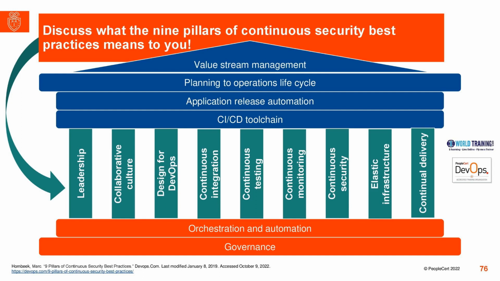Leadership should be focusing on the clear vision of security. When we talk about collaborative culture, it is nothing but how the mindset is going to work for the security practices. When we talk about the design for DevOps, it is nothing but how fast, how rapidly the design will be built. So the speed aspect will come into the picture.